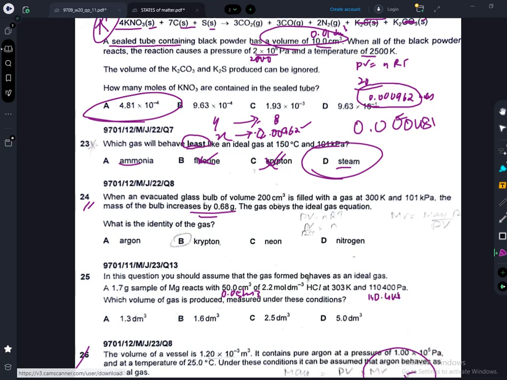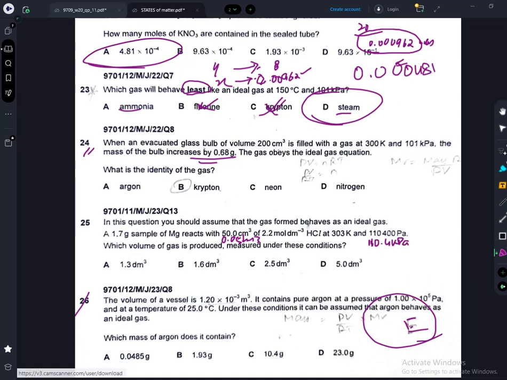Just for my own sake, I prefer kilopascal. What is the volume of gas produced?